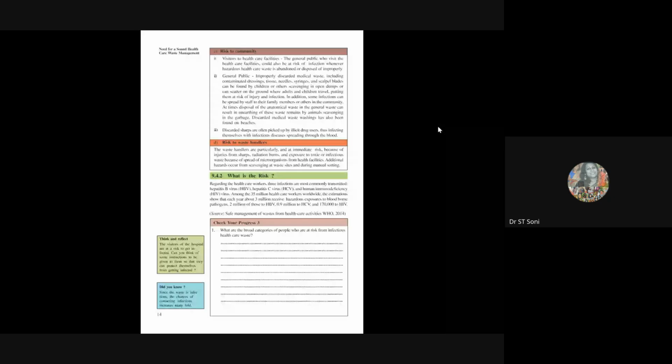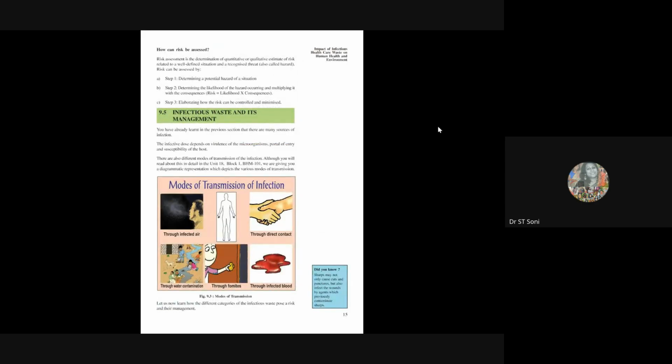So we need to take control of all these infections and their transmission. So what are the various modes of transmission? We have already talked about it. It can be through airborne or direct contact, through fomites, through infected blood, and through contaminated water.